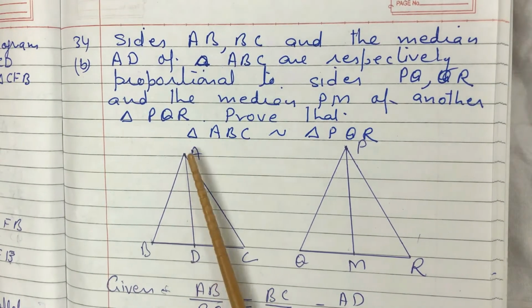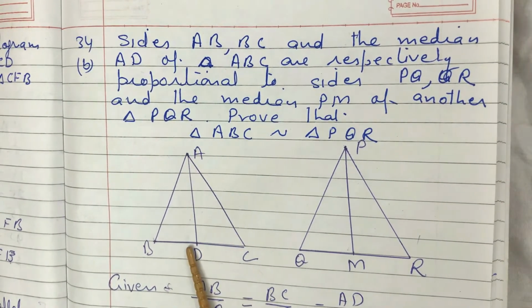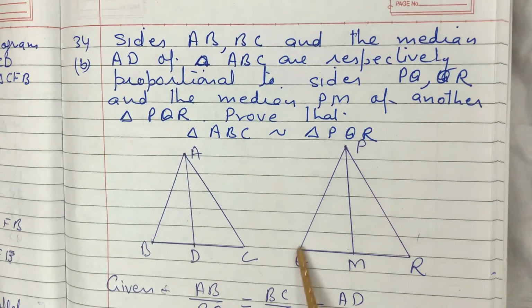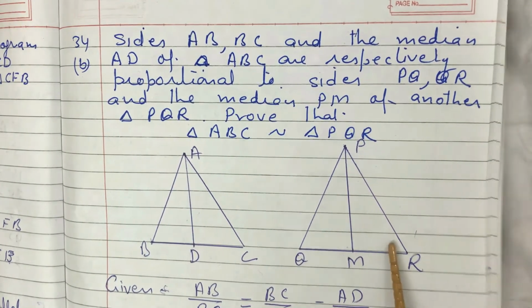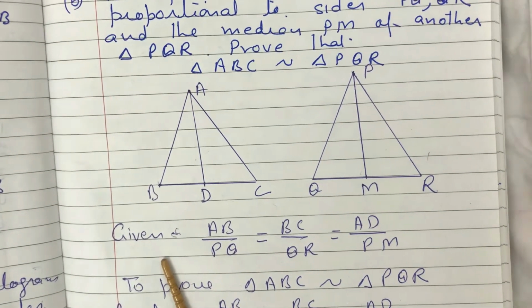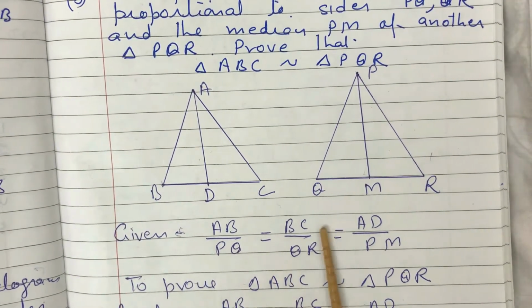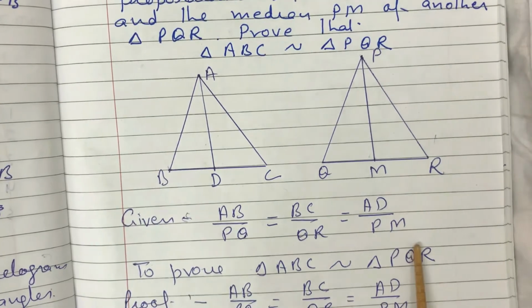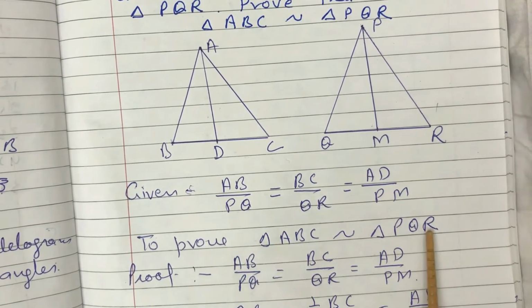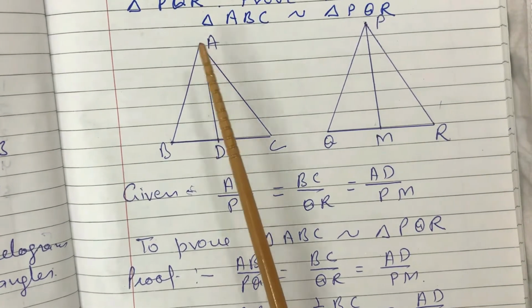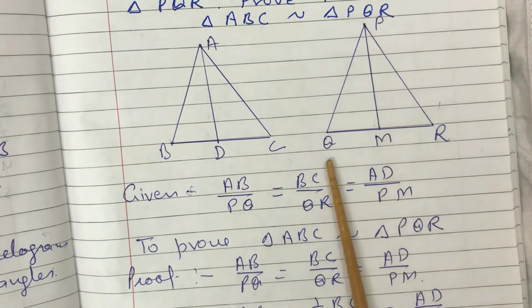Now what is given here? AB, BC and AD are proportional to PQ, QR and PM of this triangle. So AB/PQ = BC/QR = AD/PM. We are to prove these two triangles are similar. First we will prove ABD is similar to PQM.